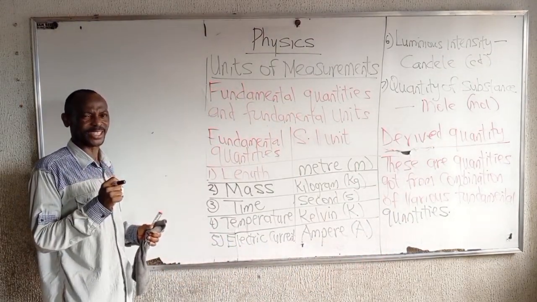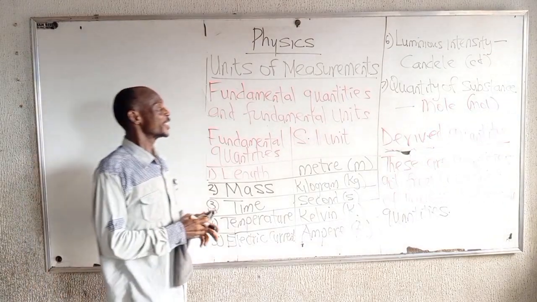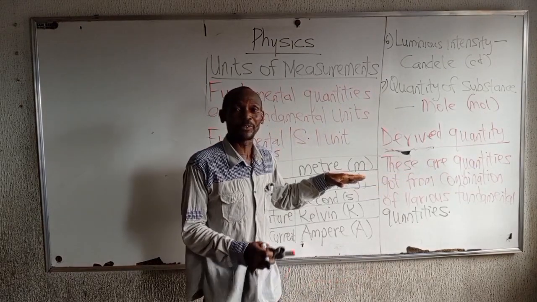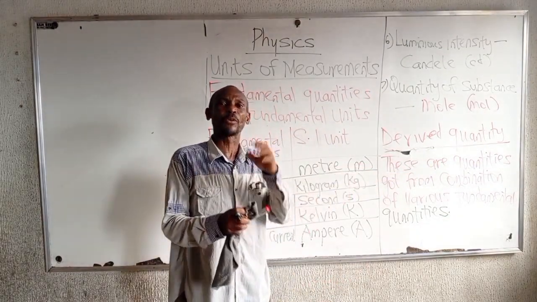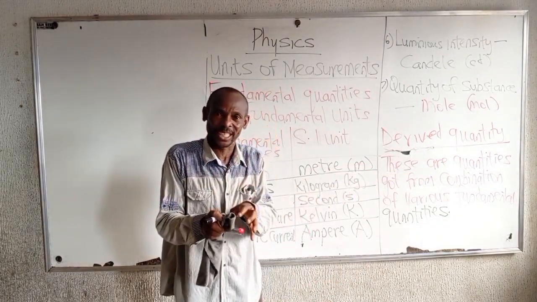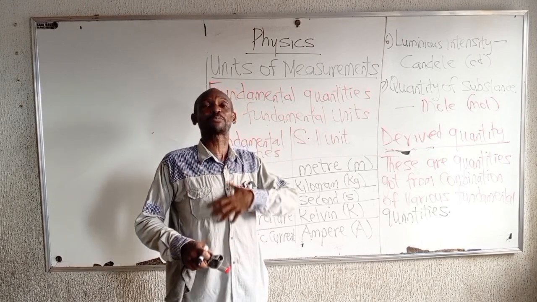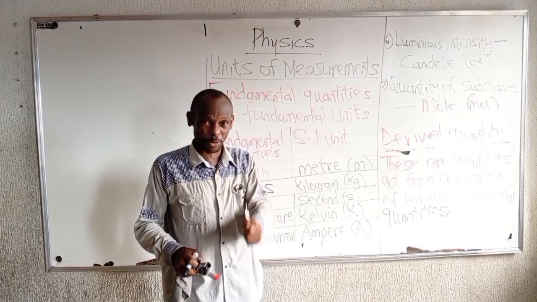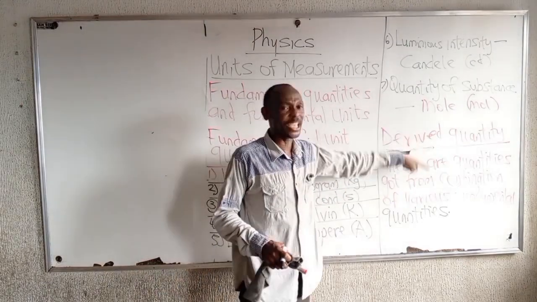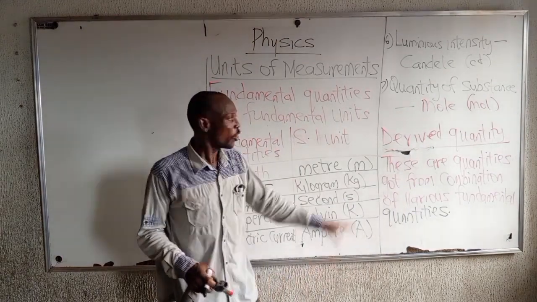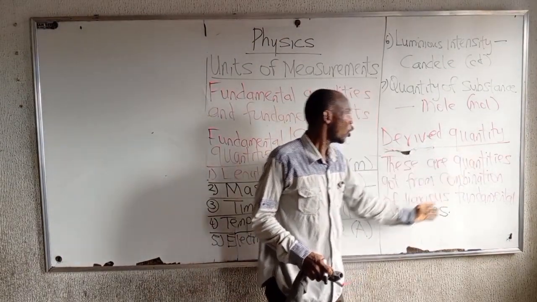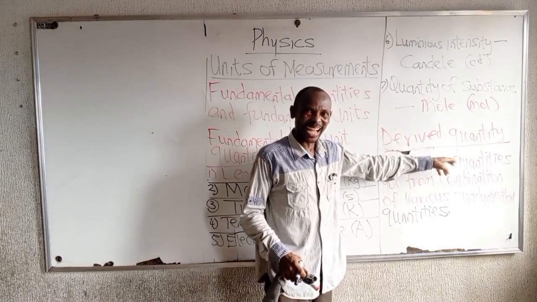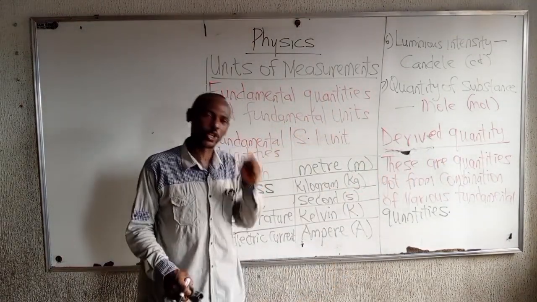I would like to state that again. Under our derived quantities, some of them have a particular unit that is given to them in respect to the names of the founder, and that is referred to as their SI units.